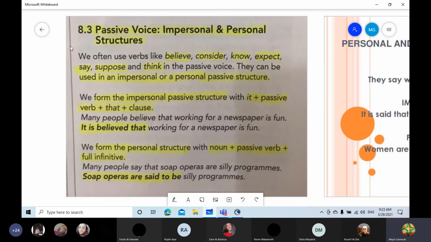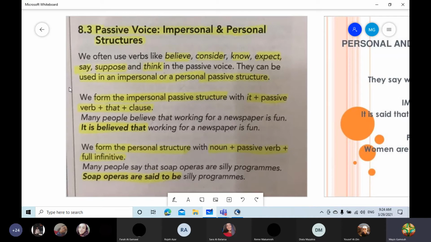We use them in order to express our feelings, our beliefs, our thoughts, our opinions in a more formal way, especially when you are talking with people that you do not know or who are in a higher position. So we use it to express our thoughts, our beliefs, our opinions.